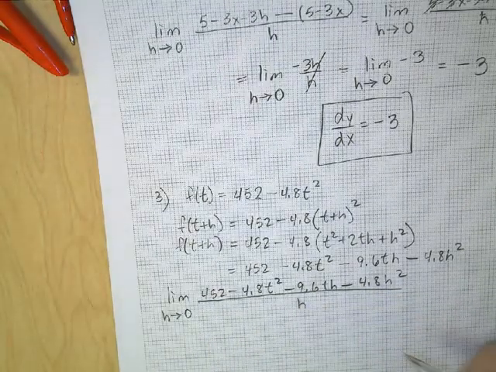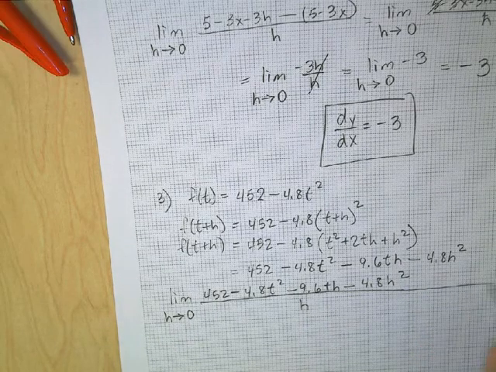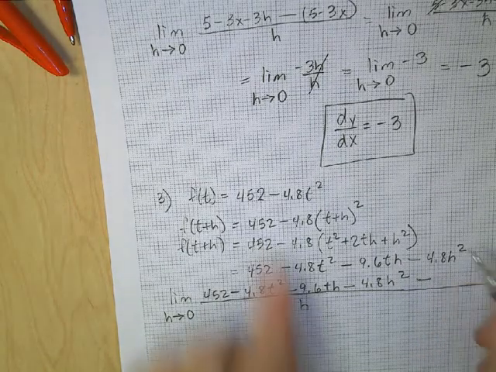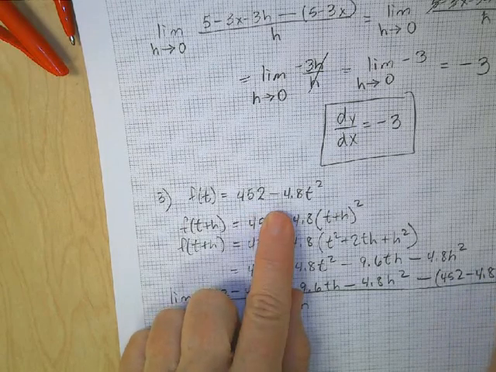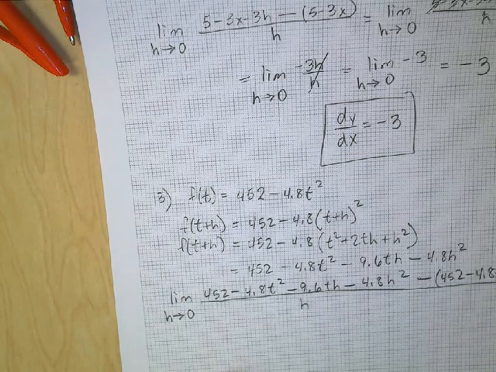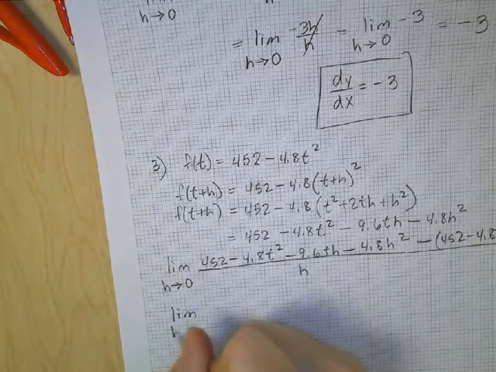Let's see, what can I cancel out? Oh, I forgot. Not ready to cancel out yet. Now I need to minus the original function, 452 minus 4.8 t squared, and limit as h approaches 0.